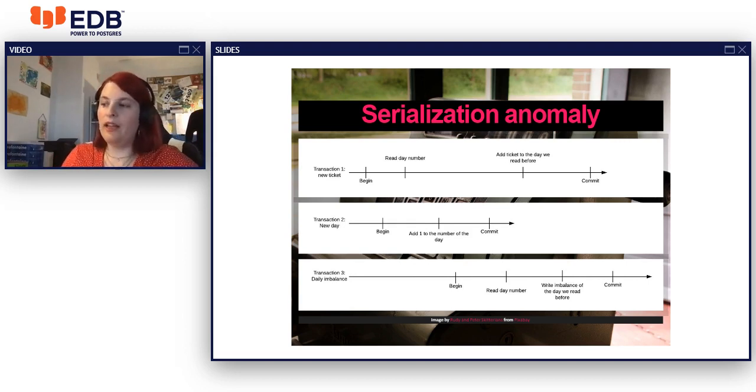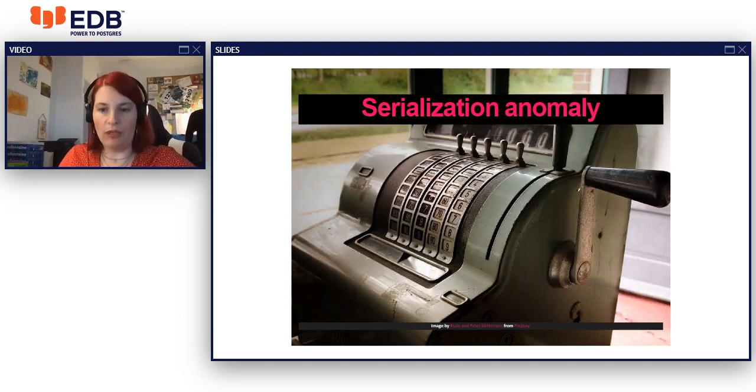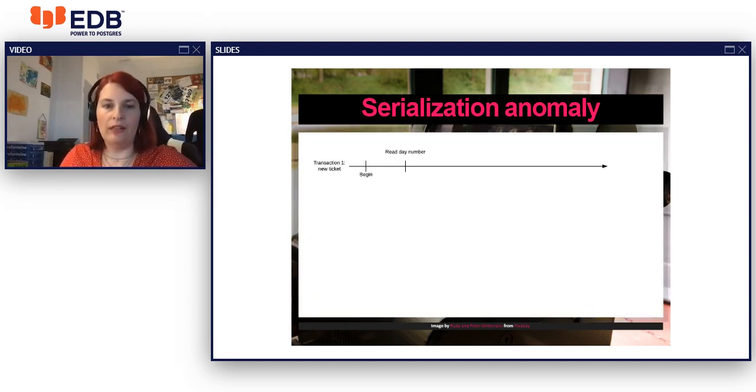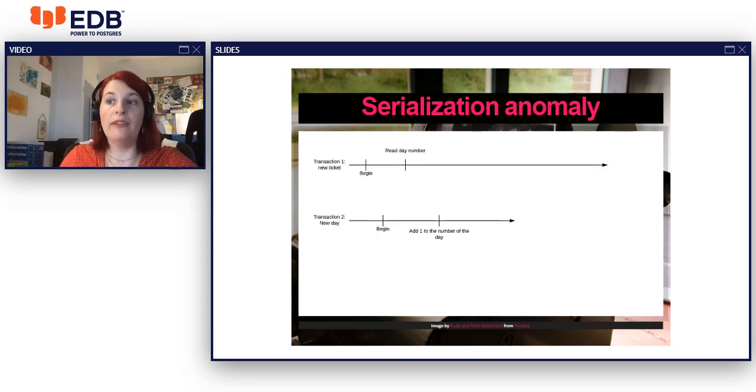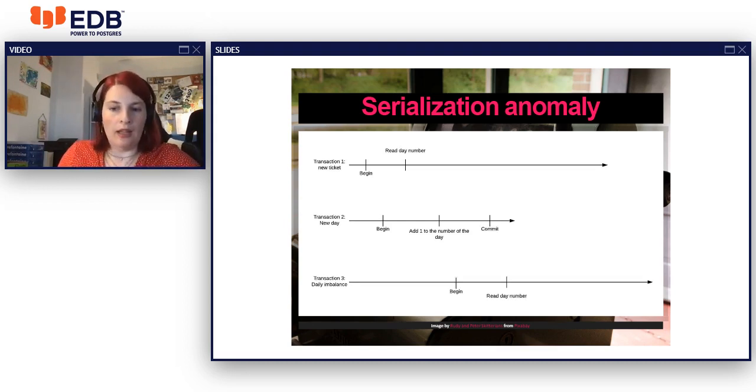So now, how can that be a problem? It's when you put everything together. So let's assume the first transaction begins and reads a day number. Then you will see the second transaction, new day, begin and add 1 to the number of the day, meaning that we are between midnight, something like that.